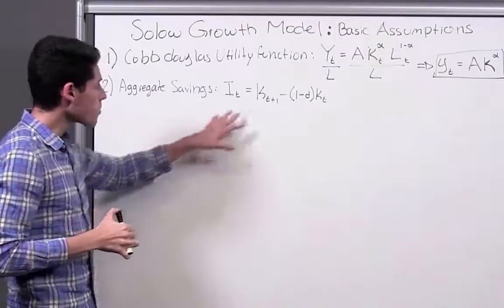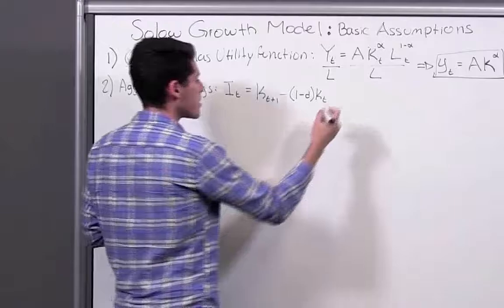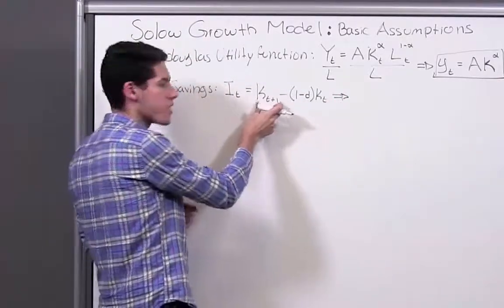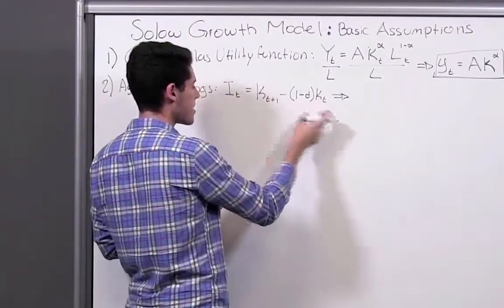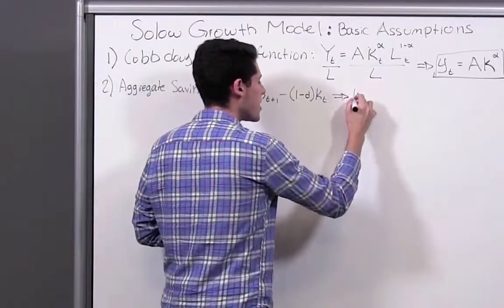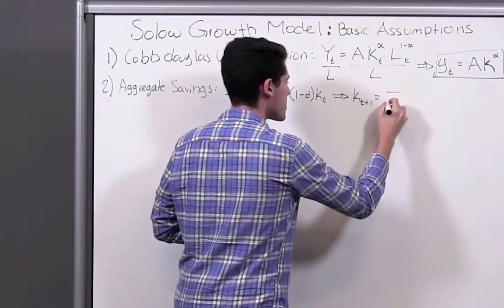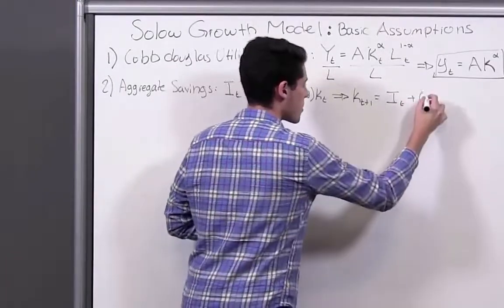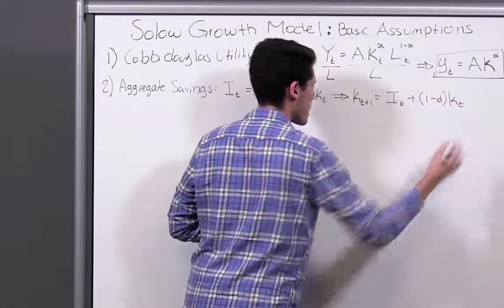And the reason this is useful is because we can rewrite this equation to solve for what capital in the future is going to be. So we just subtract 1 minus d K_t from both sides, and we'll find that capital in the future is equal to investment today plus 1 minus the depreciation of capital today.